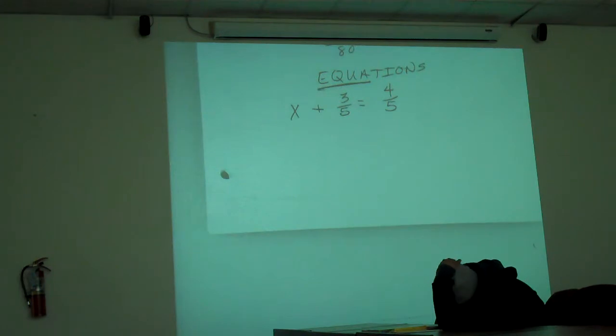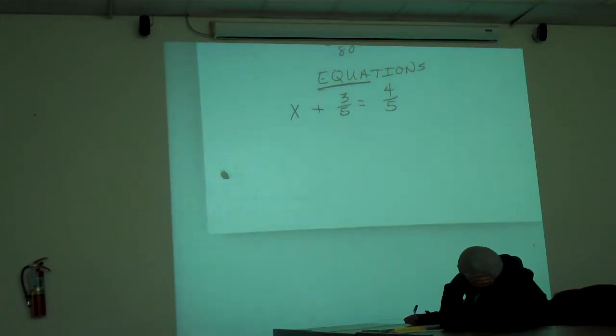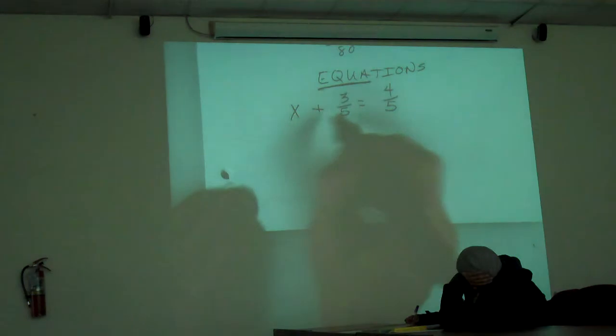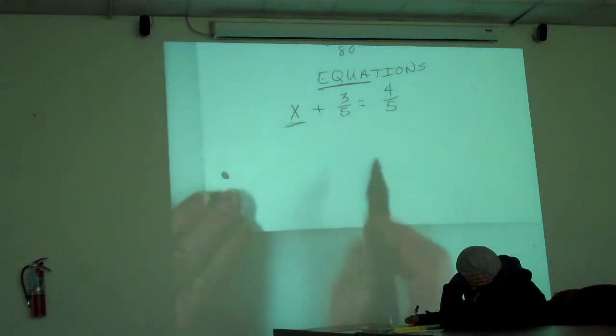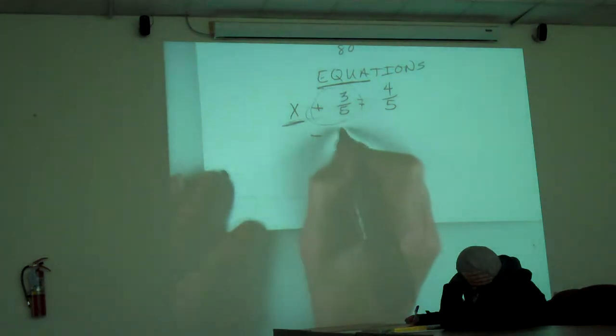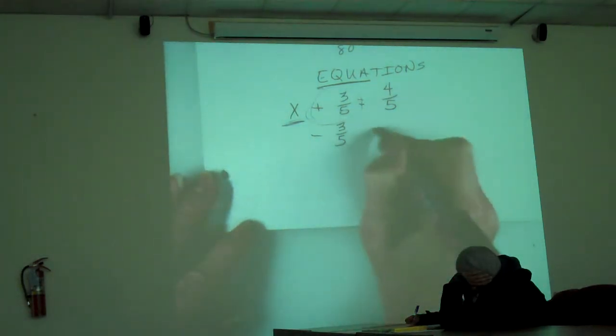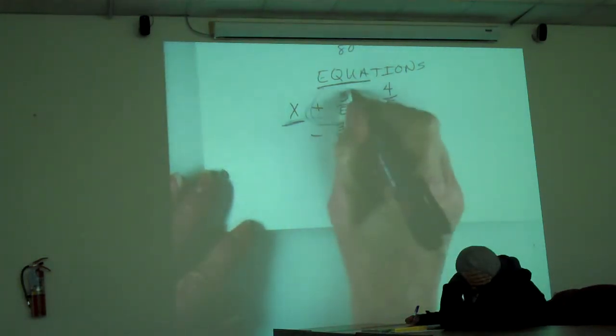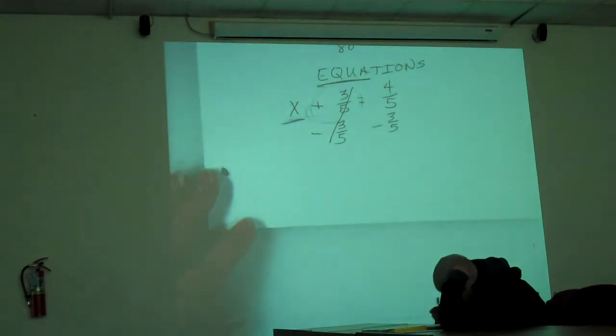Okay, but I want you to show how to solve it, showing what you did. Not, I just know it because I know it. Okay, to show your work on this, here is your variable that was adding 3/5. I want you to show that you subtracted 3/5 from both sides. Because they're going to get harder where you have to show the work.